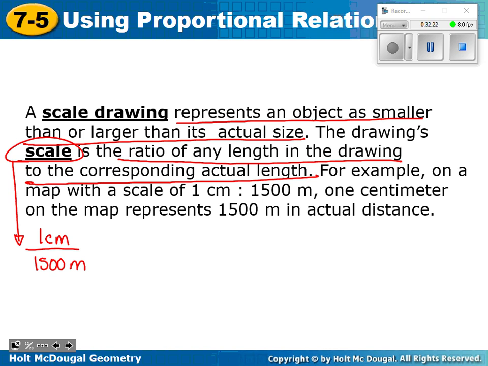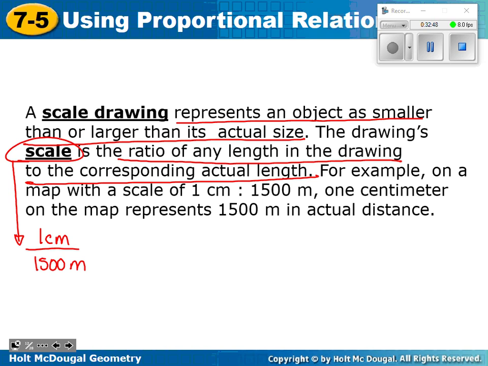So if I wanted to convert this, how many meters are in... okay, we'll do centimeters. How many centimeters are in a meter? 100, okay, 100. So if we want to change this to centimeters, we would have to do 1,500 times 100, right?